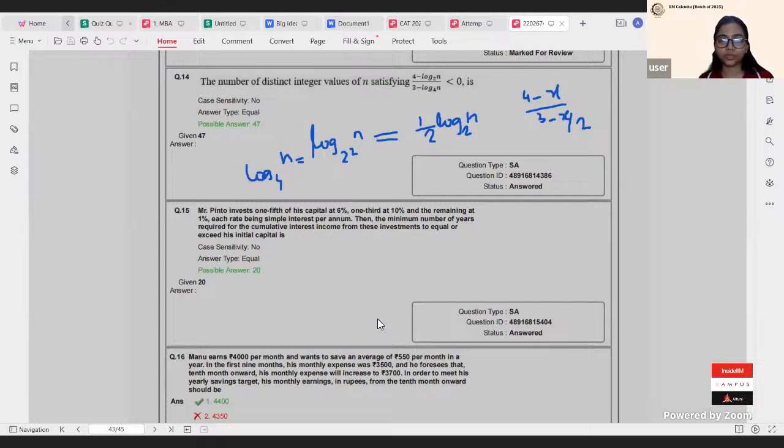So we get a negative value. And for any value of x greater than 6, it comes around to be 4 minus 6, which is a negative quantity in the numerator and a negative quantity in the denominator also, which ultimately gives us a positive value.